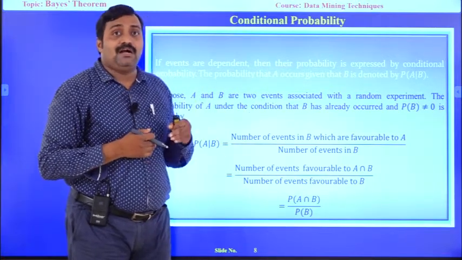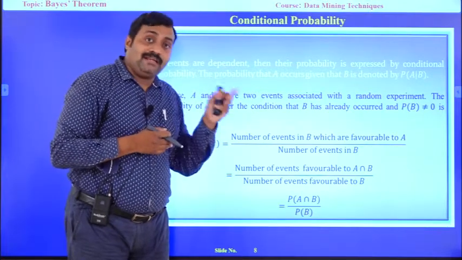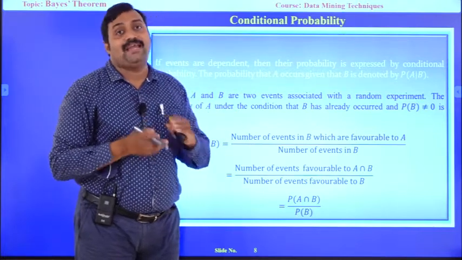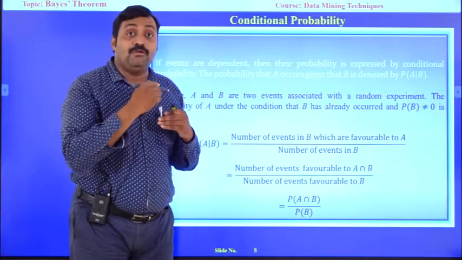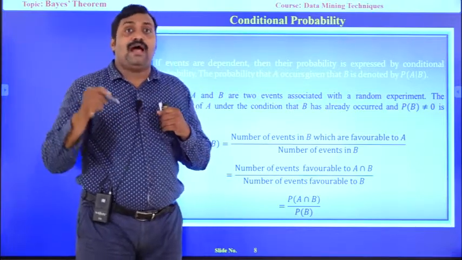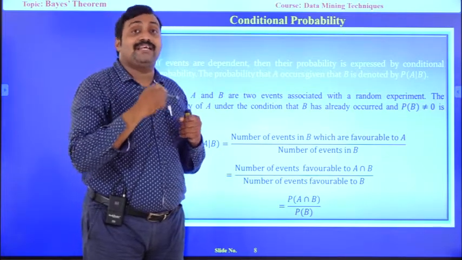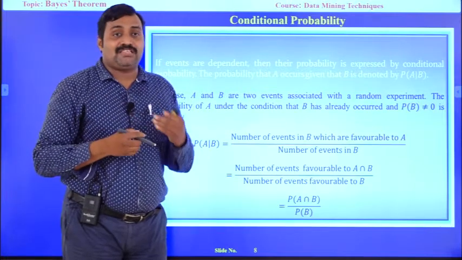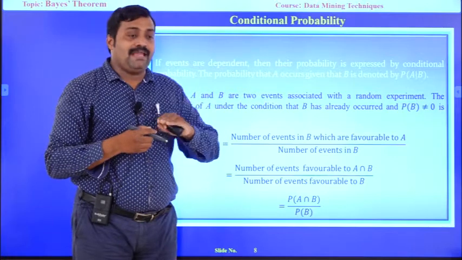That depends upon the condition of the weather, the condition of the pitch, and the condition of my health or fitness. So we are taking one more attribute value while deciding the class, whether I am going to play, yes, or no. Here the class is whether I am going to play yes or not playing no. So two classes: playing yes or no.